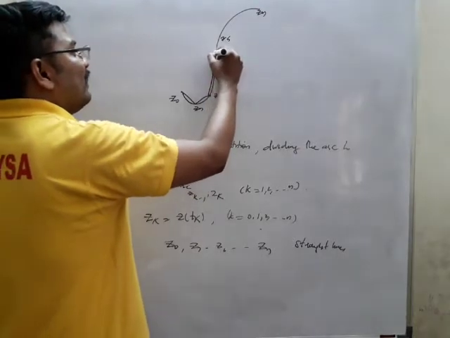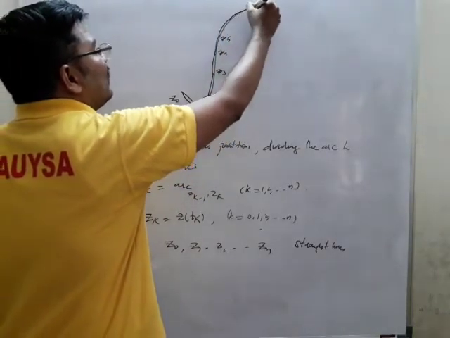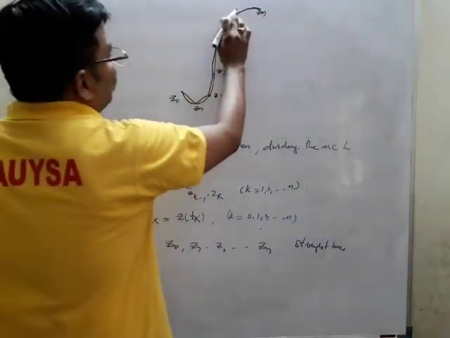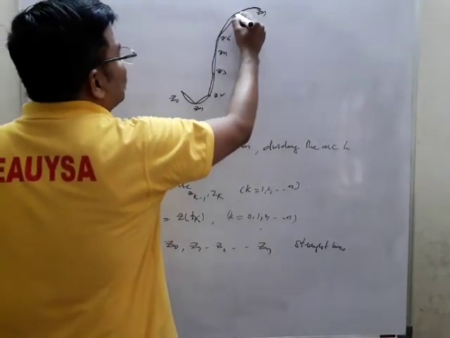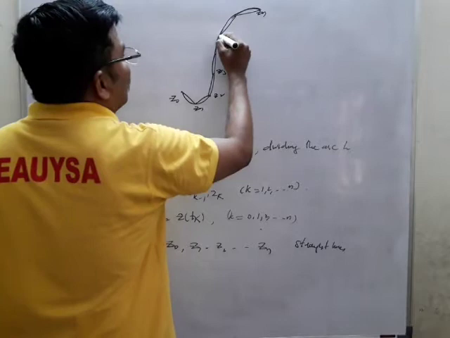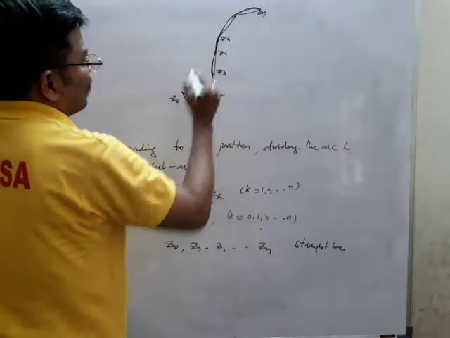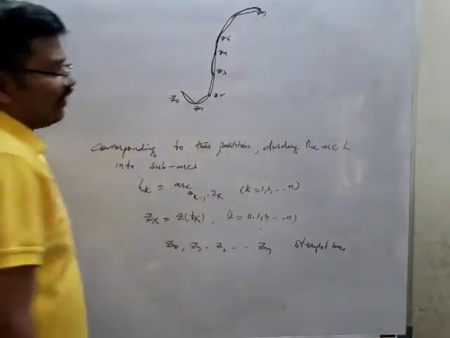We are going to join like this, and we will get all the lines, so that we will get the arc. You may get the points like this, all forming a polygonal arc.